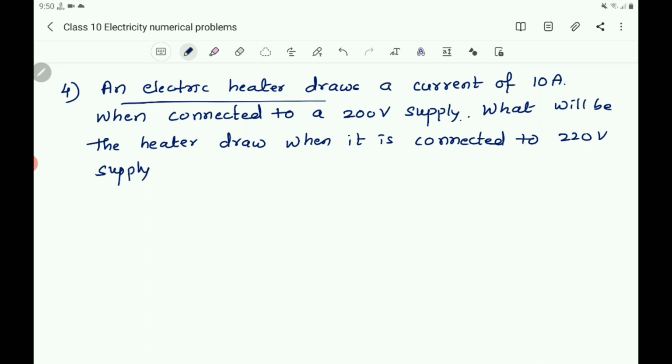Here an electric heater draws a current of 10 amps when connected to a 200 volt supply. What will the heater draw when it is connected to 220 V supply?